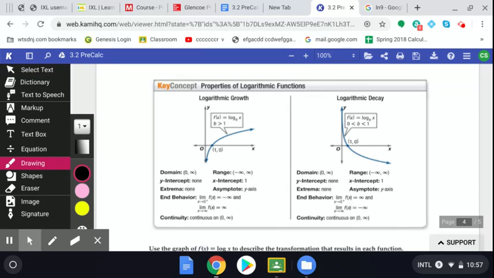Any number to the 0 power is 1, so that's what the graph is going to look like. And the end behavior is here. There are no extrema. Asymptotes are just going to be the y-axis. This is pretty self-explanatory. It's continuous, with no holes, asymptotes, or jumps.